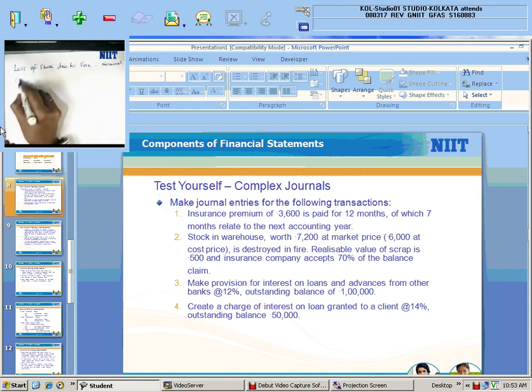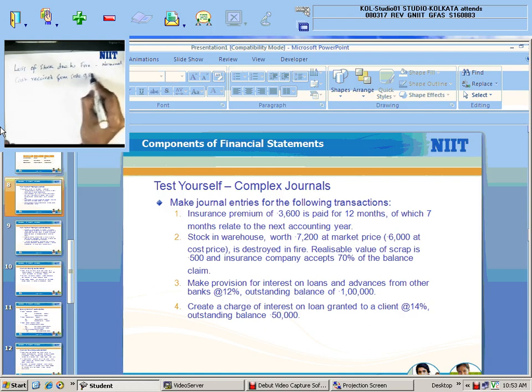Then cash receipt from sale of scrap. So the cash account is involved from sale of scrap and from the insurance company, whatever claim they have paid. So this is what is involved, and stock account of course.